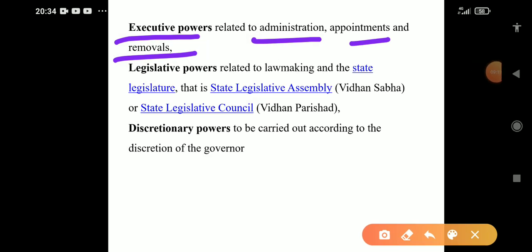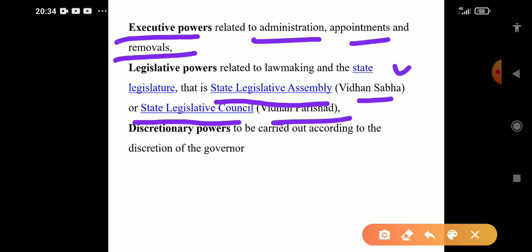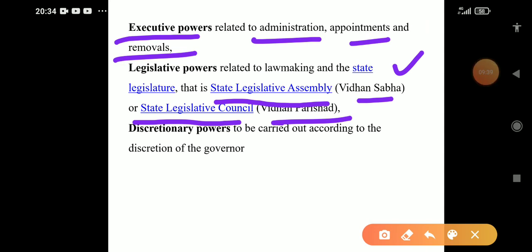Then we have legislative powers, related to lawmaking and the state legislature, that is state legislative assembly, Vidhan Sabha, and where there is a state legislative council, Vidhan Parishad. So after bills get passed, the governor's assent is a must, and the governor, if he deems fit, keeps some bills to be signed by the president also.